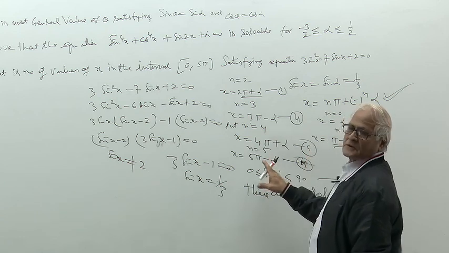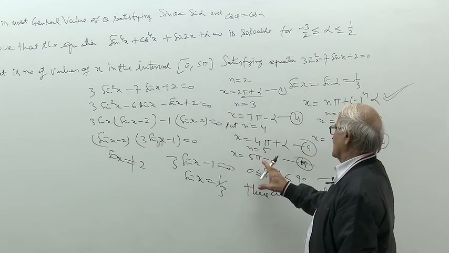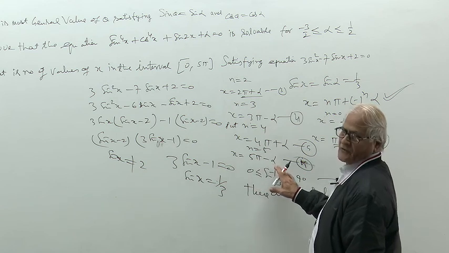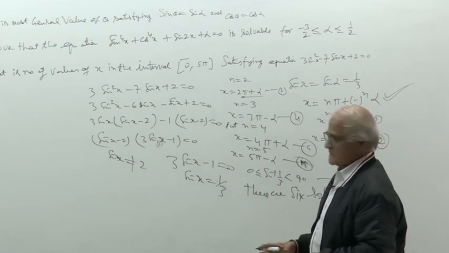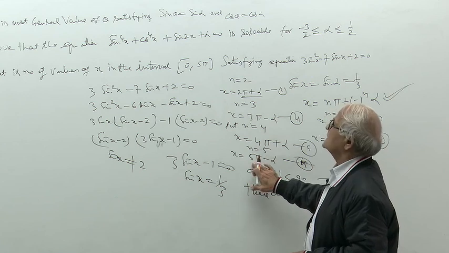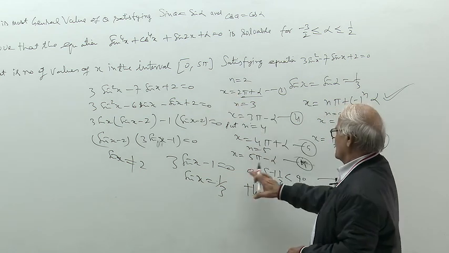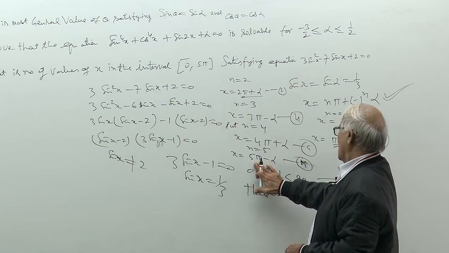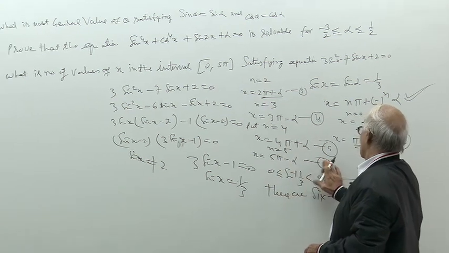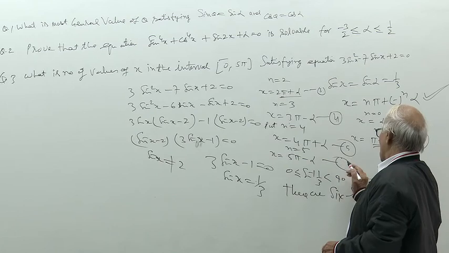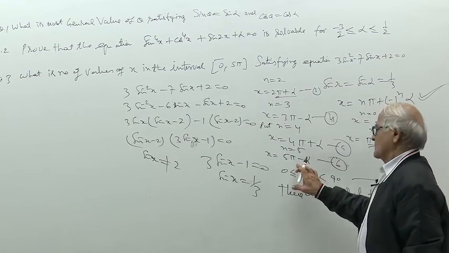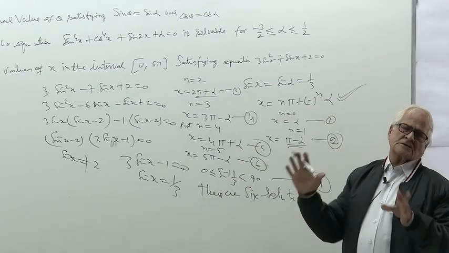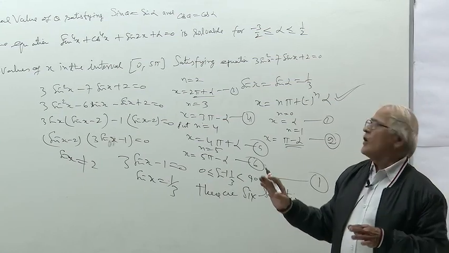Now put n is equal to 5, we get 5 pi minus alpha. This is admissible because it lies in this interval. This is the sixth value. In this way we have the six solutions of this equation.